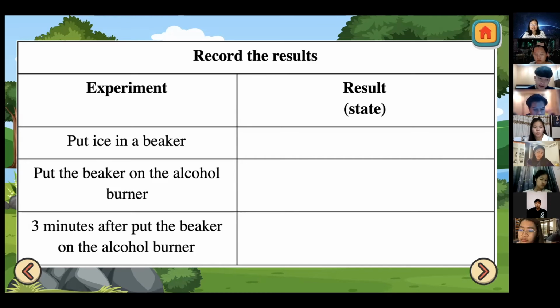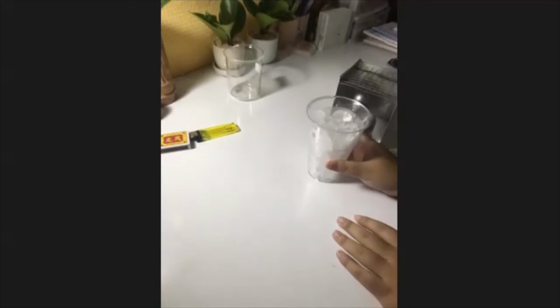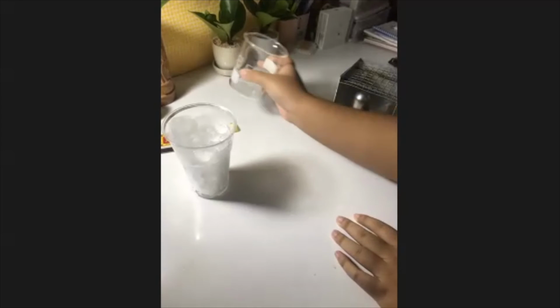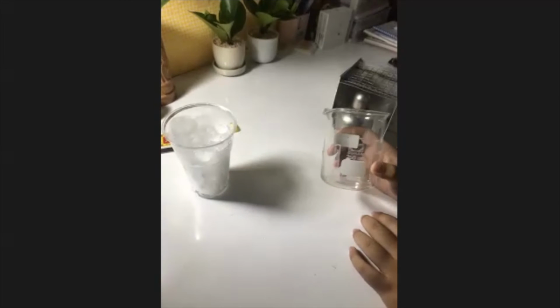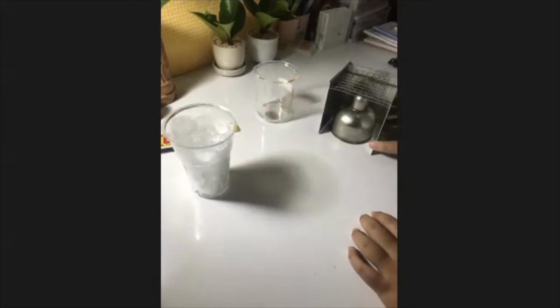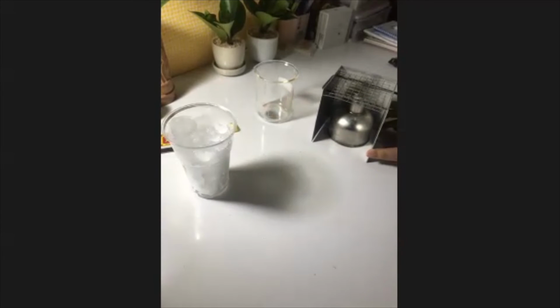Okay. Let's go do the experiment. Okay, everyone. Let's move to the experiment. I will do the experiment for you. The equipment is ice cubes. Next is a beaker. And this is an alcohol burner.